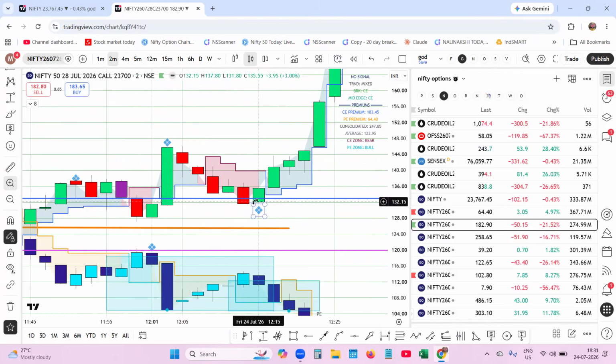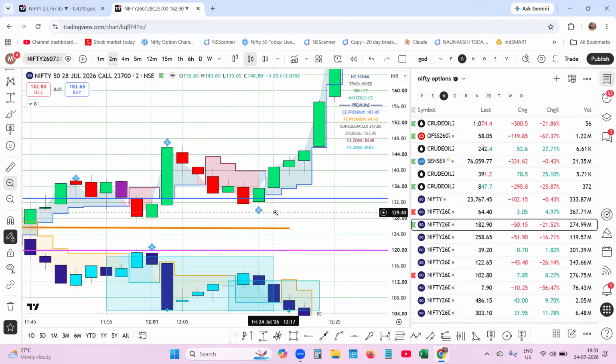But if you enter here at this level, 132, your risk is only 8 points. 132 means just 5 points of risk. You are entering with a very minimal stop loss.